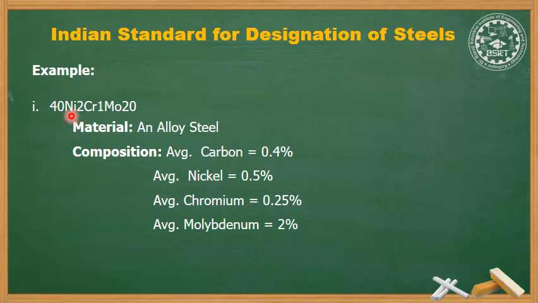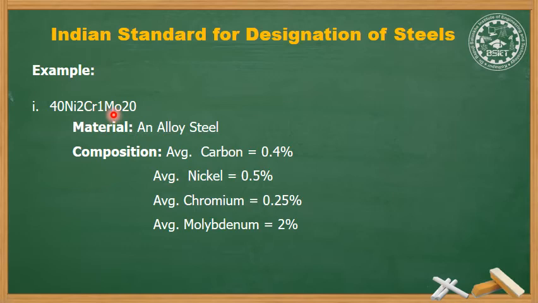Next, after this, nickel, that is the letter Ni, the number is given as 2. For low and medium alloy steels, we have already discussed that we have to consider one multiplying factor for each element. The other elements are nickel, chromium and molybdenum.